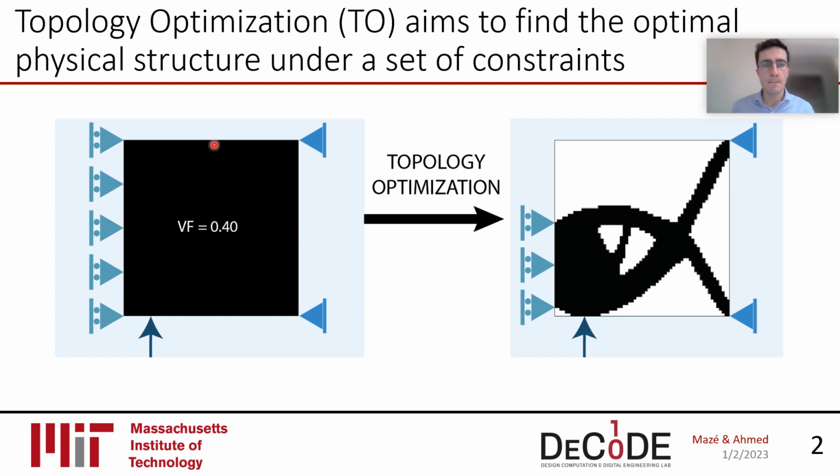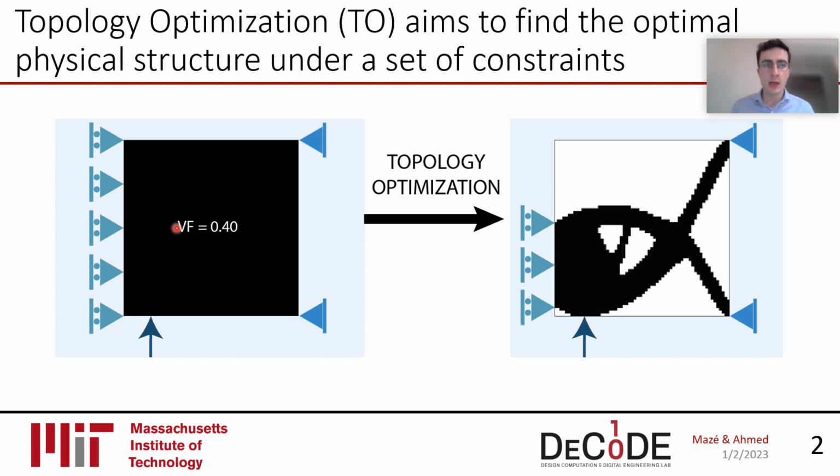Imagine you have a beam made of metal, wood, or any material. This beam is subjected to forces represented by this arrow and to boundary conditions represented by these icons that prevent displacement in one or more directions. Now let's assume that you want to remove 60% of the material, hence this volume fraction of 40%.